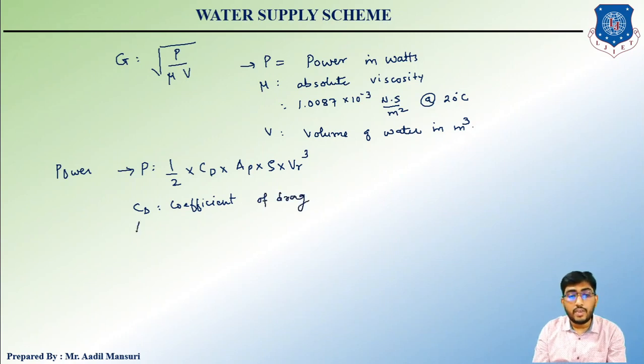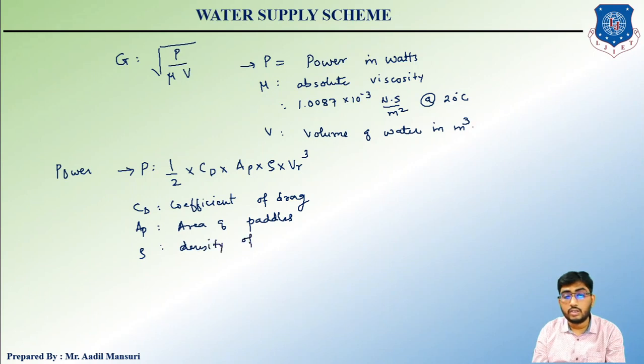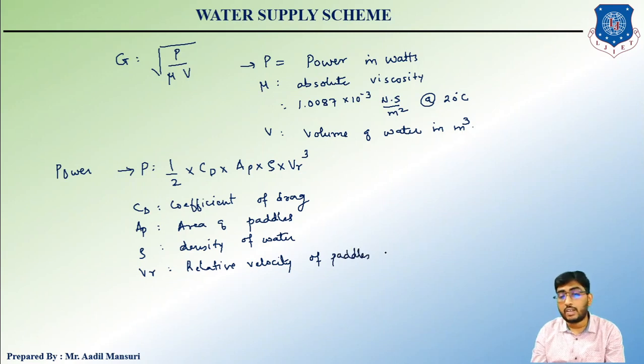AP is the area of paddles or blades, you can say. Rho is the density of water. And last, VR is the relative velocity of paddles with respect to that of the water.